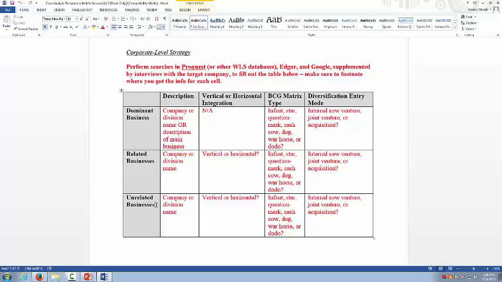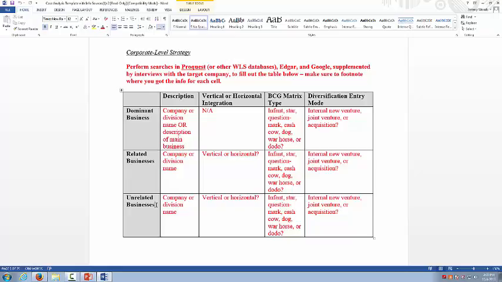But Amazon doesn't slaughter cows and package them. They just get the stuff from the warehouse and send it to you. So if Amazon purchased a meat packing plant, that would be an example of unrelated diversification.